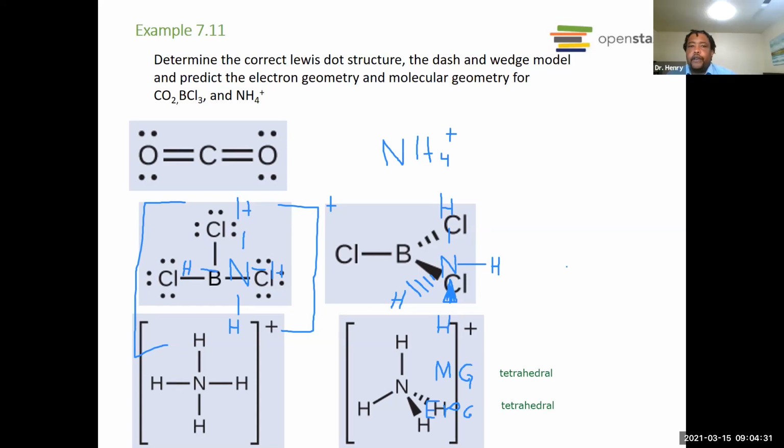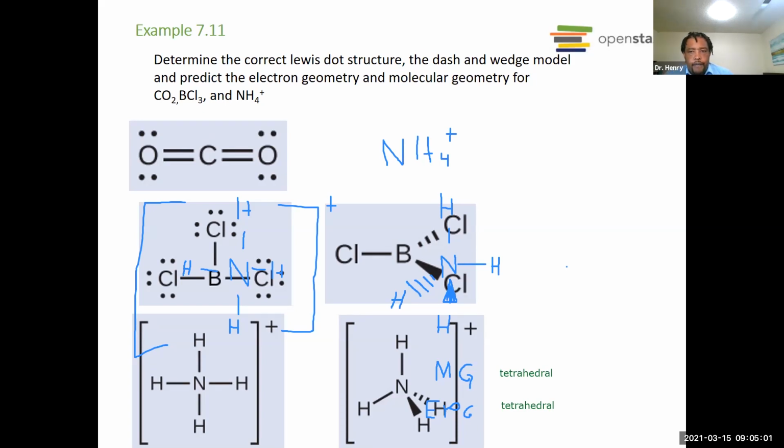If you have 4 attachments, any type of attachments, for EPG it could be lone pairs or atoms. For molecular geometry, that's going to take into consideration only what you visually see, and then the lone pair electrons technically alter the shape. Does that make sense? That's right.